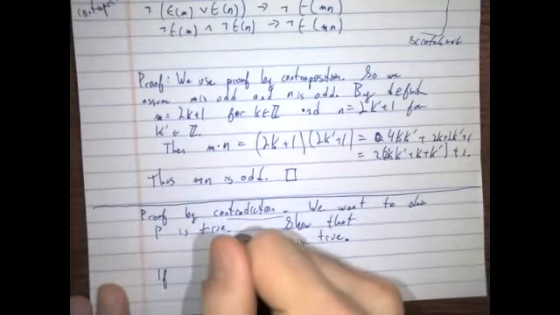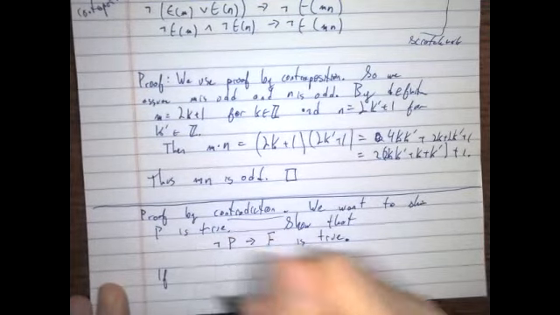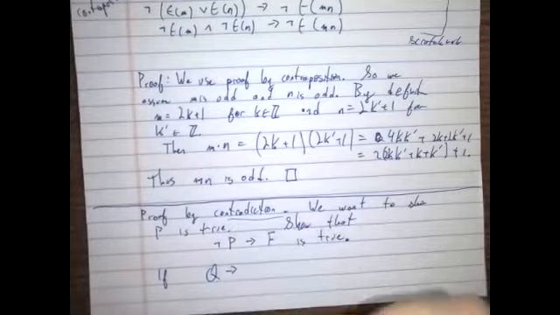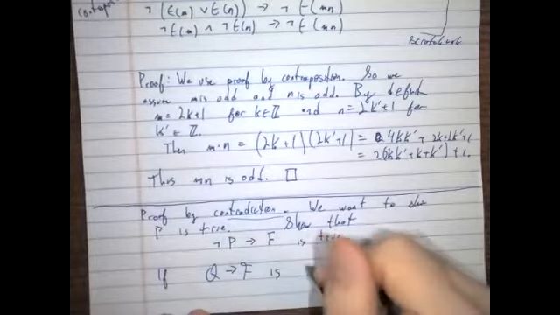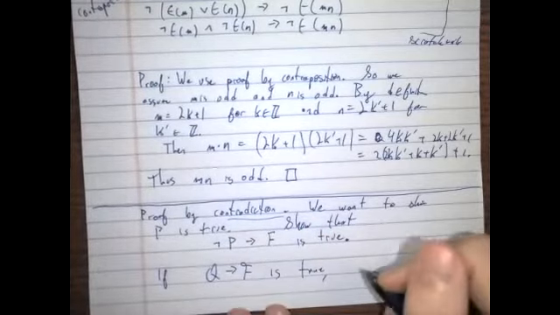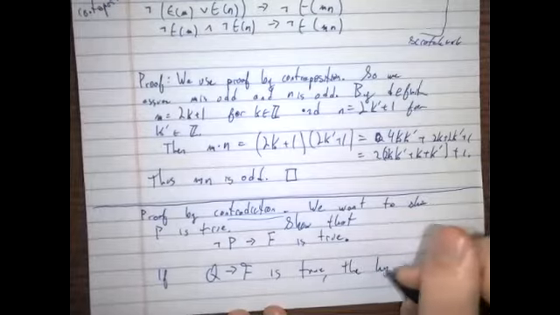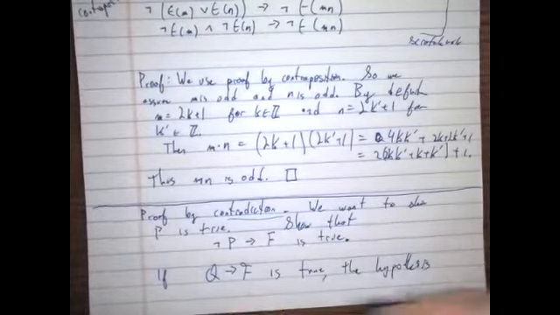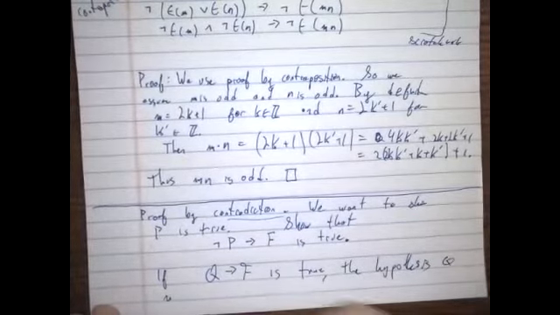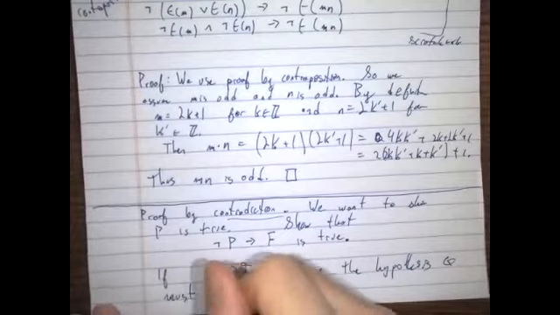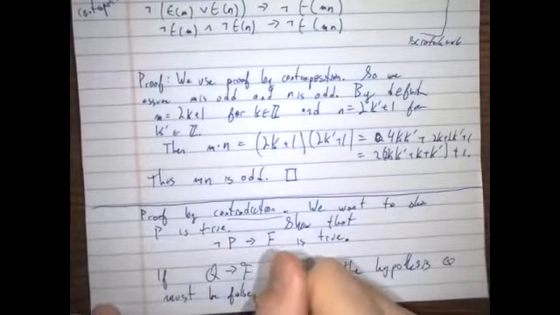If Q implies F is true, the hypothesis must be false. Q must be false, right?